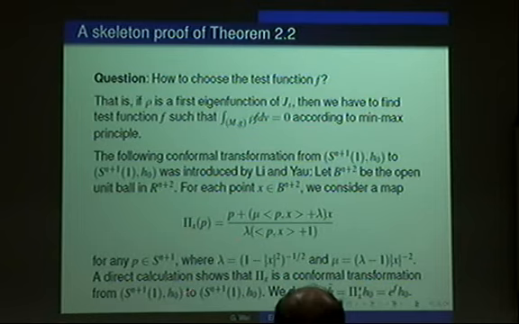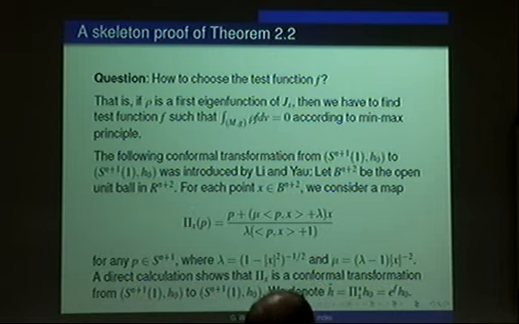Here P belongs to the unit sphere, and lambda equals this one, where x is a point of this unit ball, and mu satisfies this equation. A direct calculation shows that this map is a conformal transformation from the unit sphere to the unit sphere.